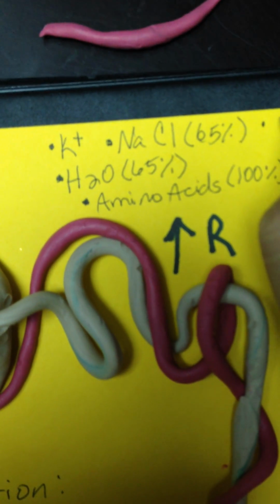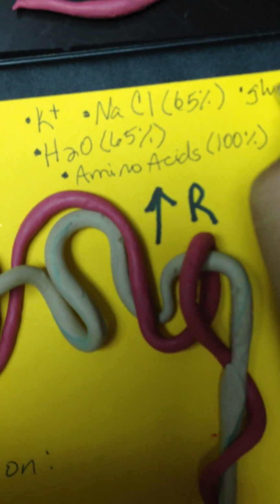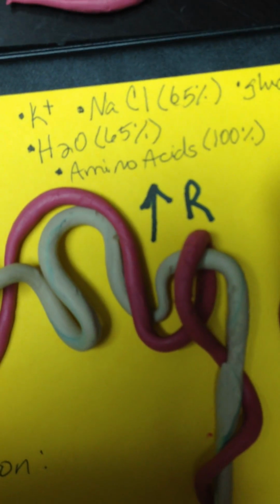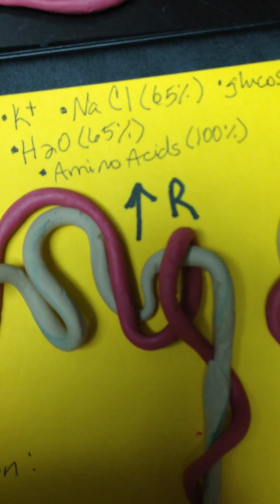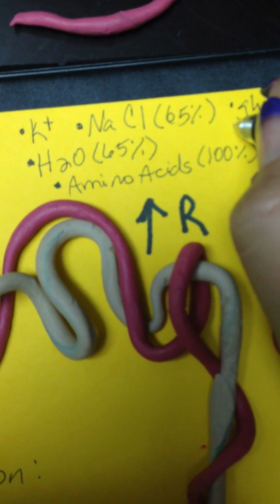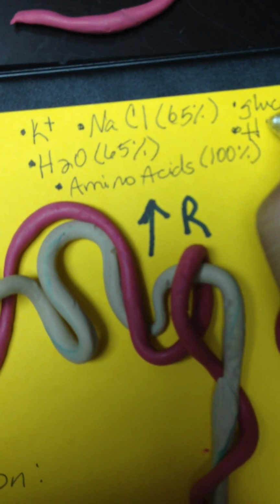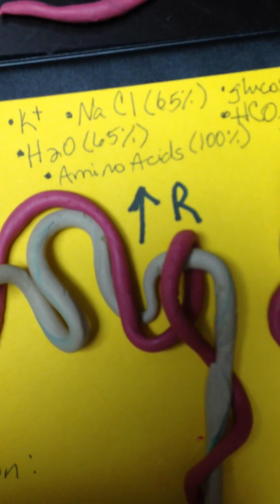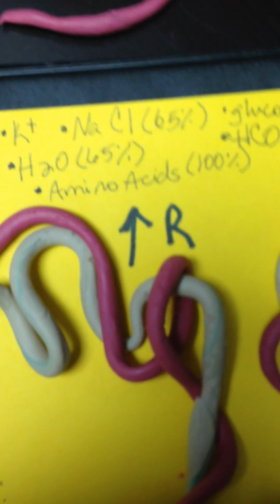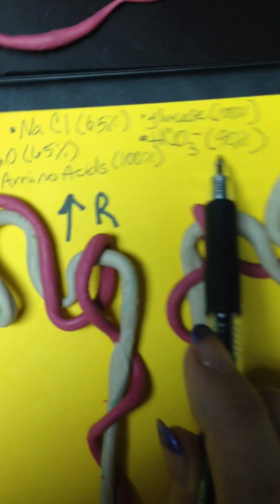We're going to take in glucose, and we're taking back in 100% of that. You should not see any glucose in the urine. And bicarbonate, our base, we're going to take in the majority of that back into the blood for acid-base balance.